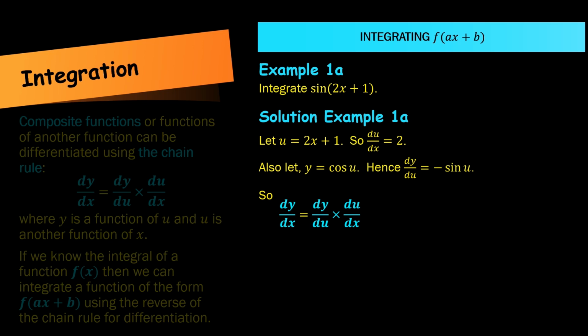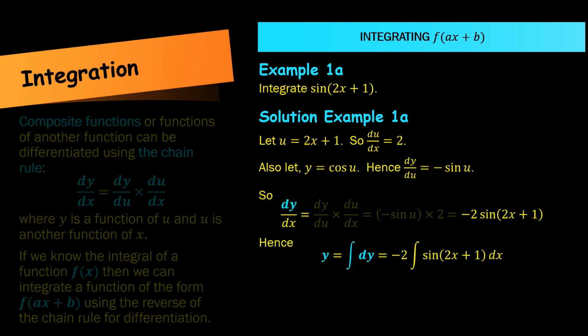Now plugging this into the formula for the chain rule gives us that dy/dx equals dy/du, which is minus sin u, times du/dx, which is 2. And this is equal to minus 2 sin(2x + 1). Now if we integrate both sides, we obtain y equals the integral of dy equals minus 2 times the integral of sin(2x + 1) dx.